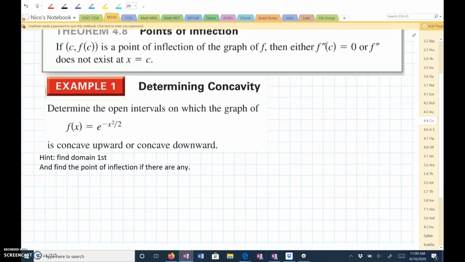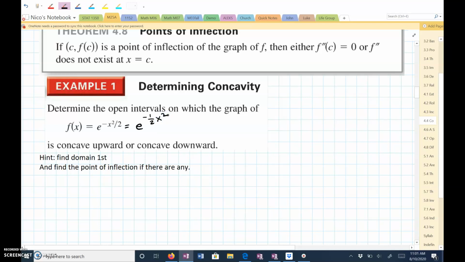So let's look at the first example here. Determine the open intervals on which the graph of f of x equals e to the negative x squared divided by 2 power. So let's think of this as being e to the negative 1/2 x squared power.